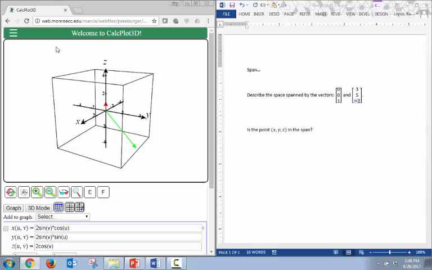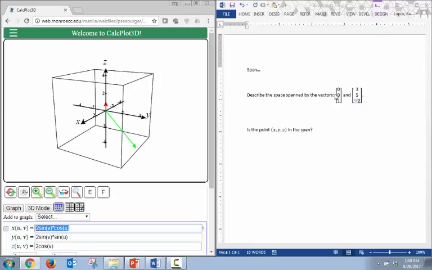I'm not going to tell you very much about it, but if we take that first vector and multiply it by a scalar, and take the second vector and multiply it by a scalar, we can let those scalars be some parameters. In most programs, they call them S and T. T is your usual parameter, and S is the letter before it. But in some programs, they require you to use different variables. So in this case, they're using U and V.